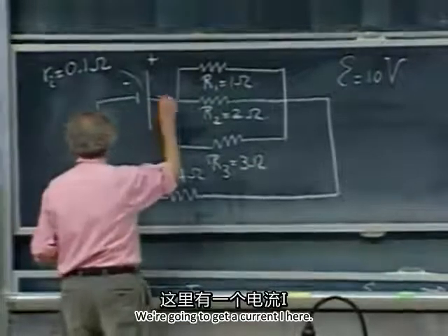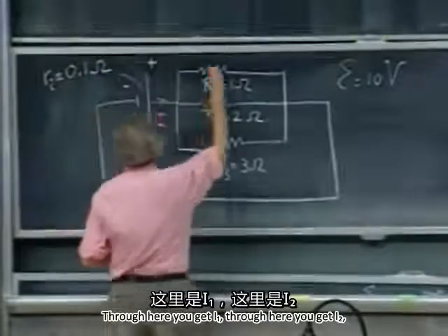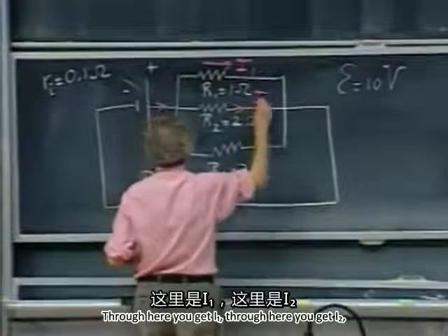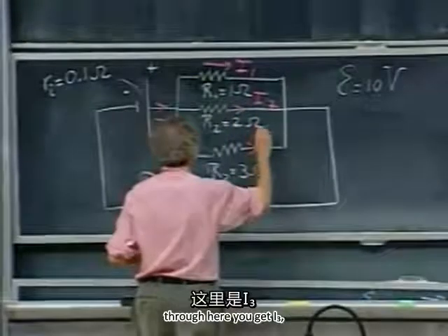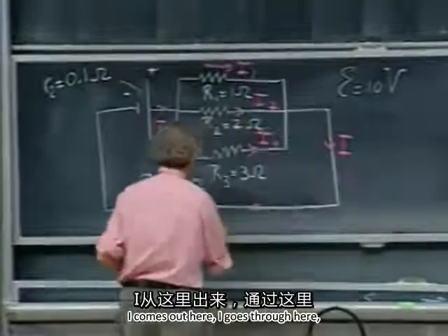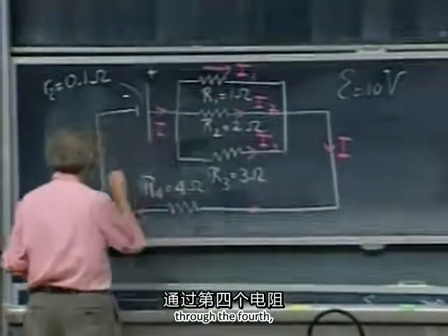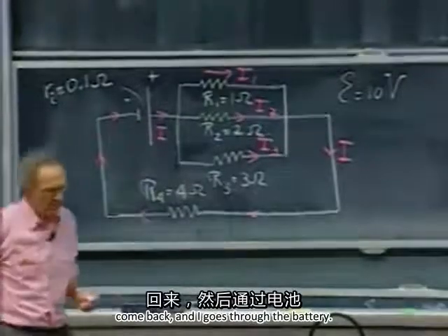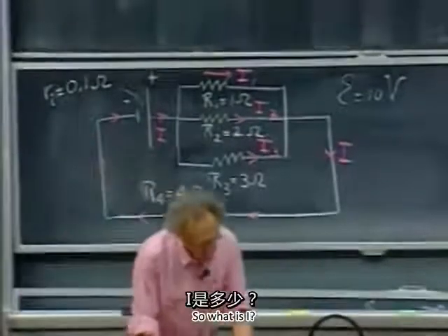We're going to get a current I here. Through here you get I1. Through here you get I2. Through here you get I3. I comes out here, goes through the fourth, comes back, and goes through the battery. So what is I?